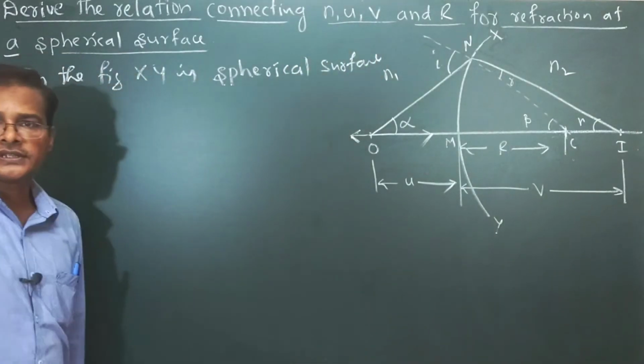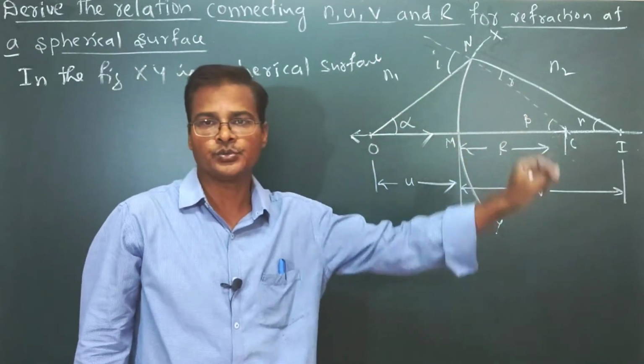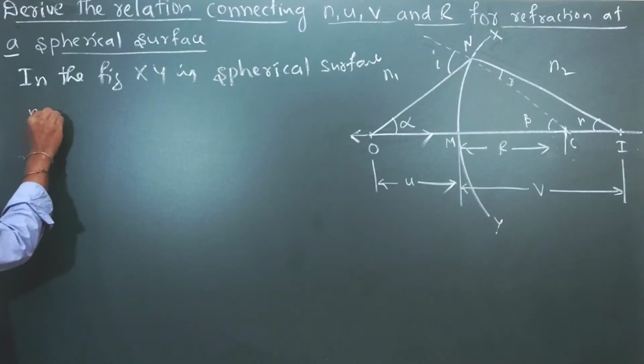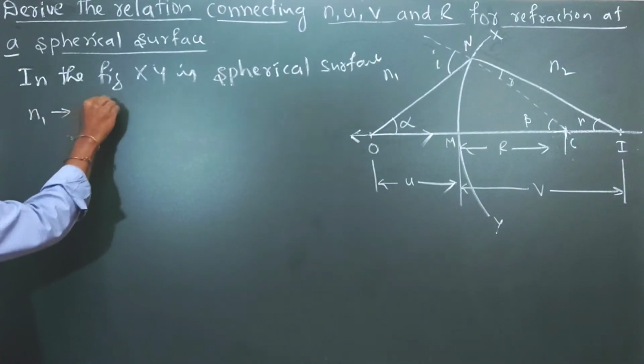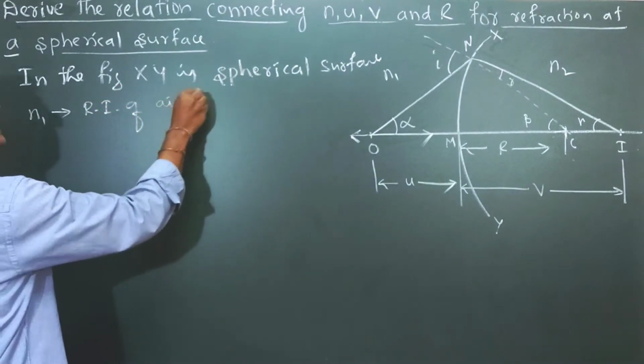Okay, so that will be separated by the two refractive indices n1 and n2. n1 is the refractive index of the rarer medium, the refractive index of air or rarer medium.